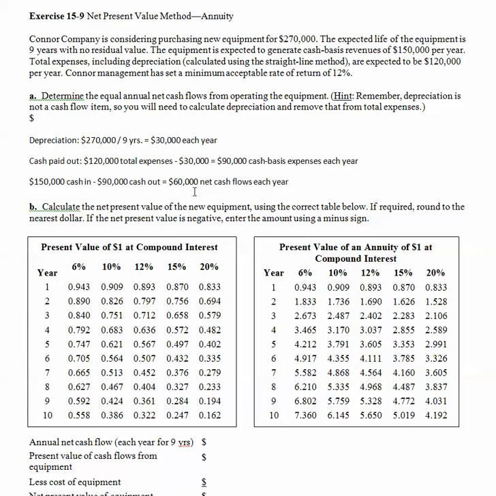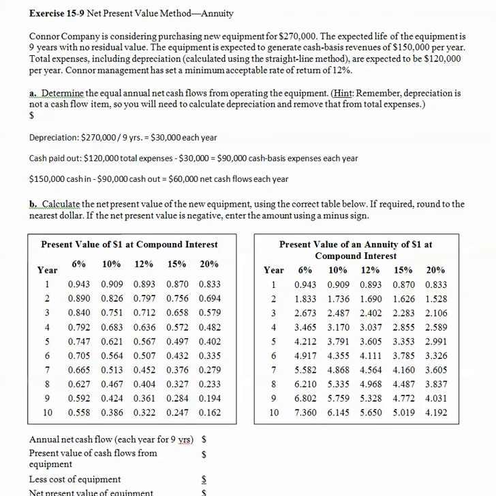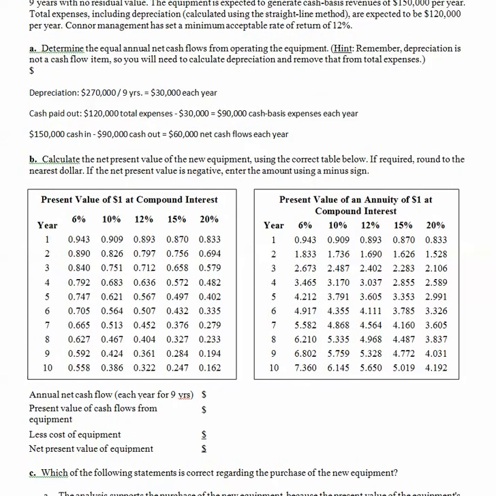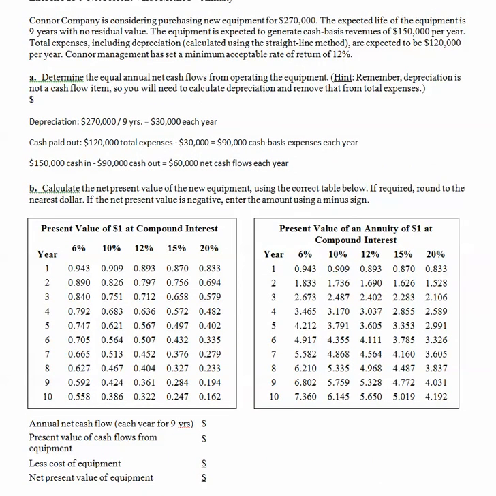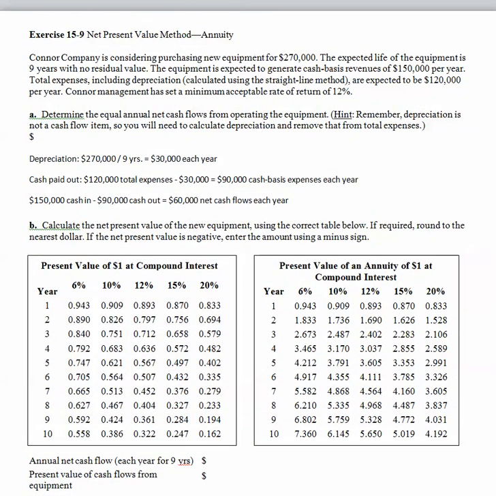So the question is, is that a good deal? Is that going to earn at least 12%? In order to find that out, we need to calculate what's called the net present value. If you have not watched the video for exercise 15.7, I recommend doing that.